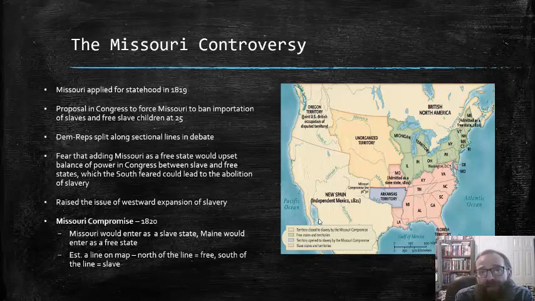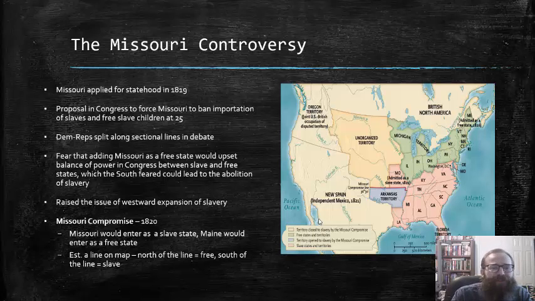In 1820, a compromise was reached, known as the Missouri Compromise. Under this compromise, Missouri would enter as a slave state, and Maine would enter the Union as a free state. Before that, Maine was actually a part of Massachusetts at the time.